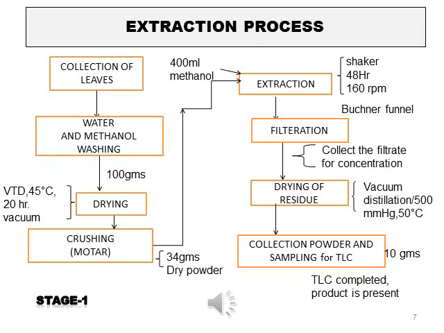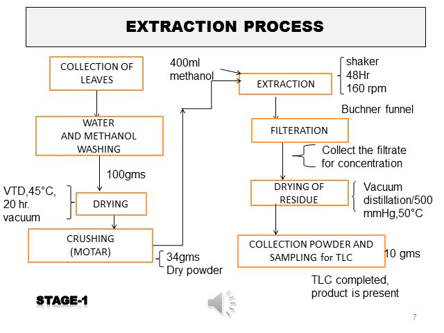Extraction process. From the leaves we got the powdered material. Then we introduced it into the extraction. We got 34 grams of dry powder from the dryer and through crushing.